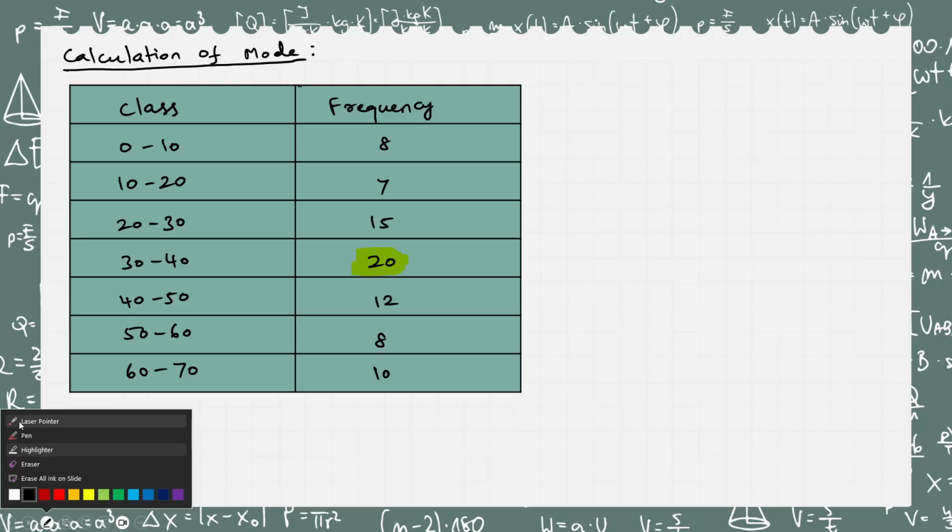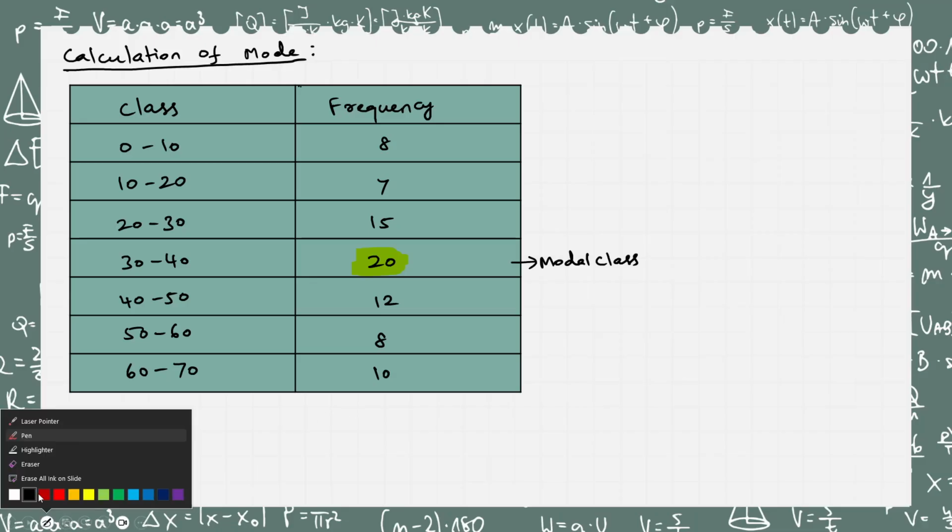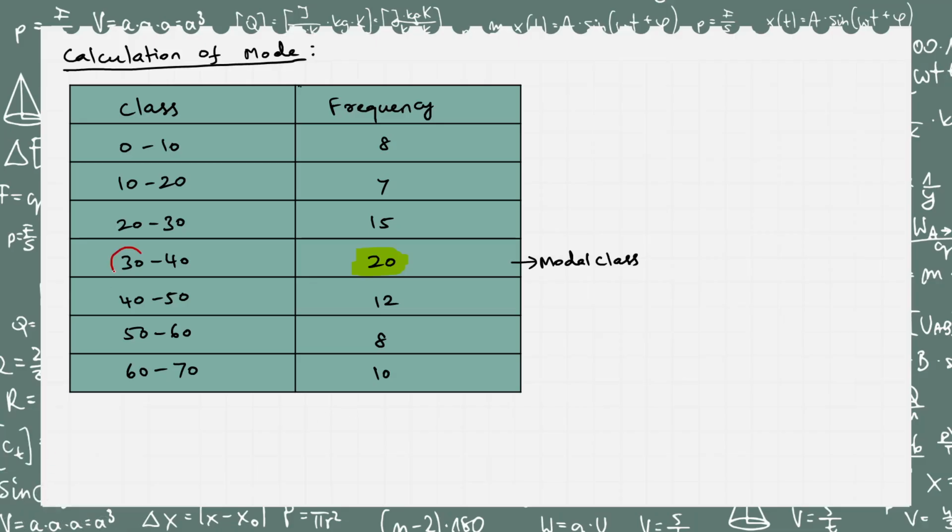So we have to mention this as our modal class. We need the lower limit of the modal class, which is 30, and we call it l.